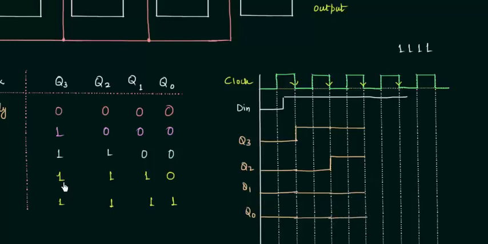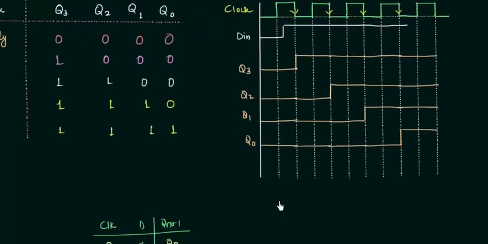For the third falling edge, Q3, Q2, and Q1 are high, and Q0 is low. Finally, for the fourth falling edge, all the outputs Q3, Q2, Q1, and Q0 are high. This is how the waveform will look.